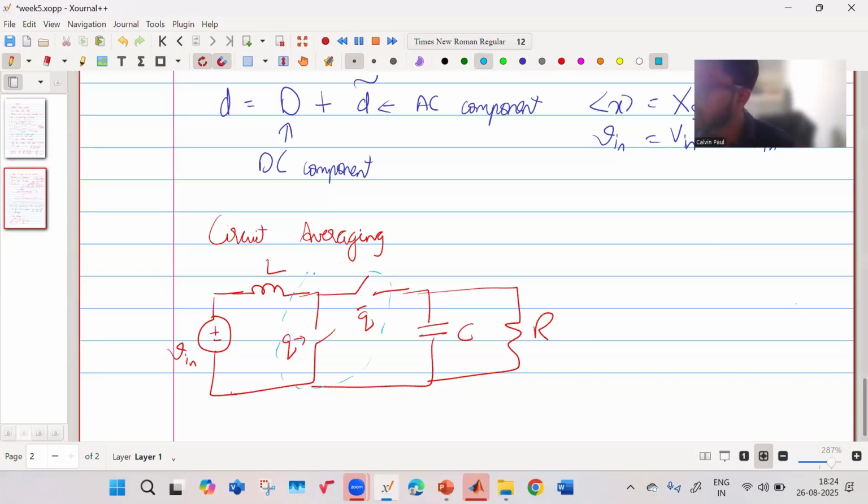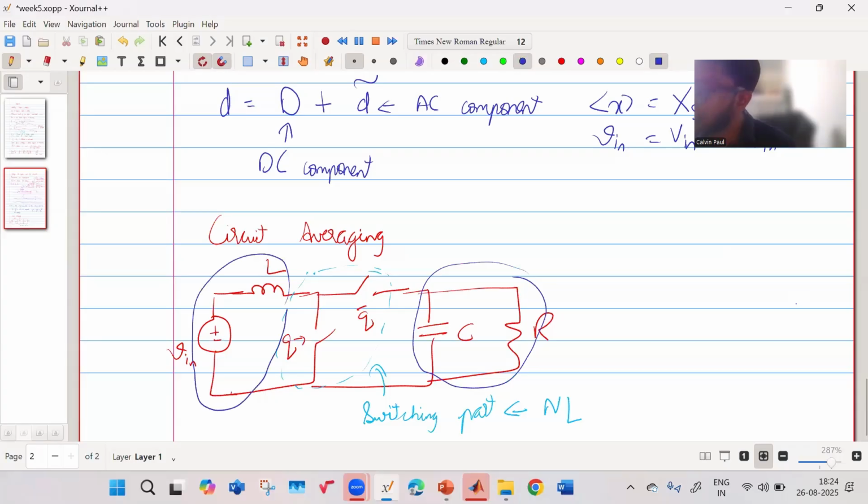So this part of your circuit, this is the switching part, and this part adds a nonlinearity. If you see, this part is linear. This part also is linear. But it is this middle switching part which is adding that nonlinearity. So what they have is some three-terminal model.